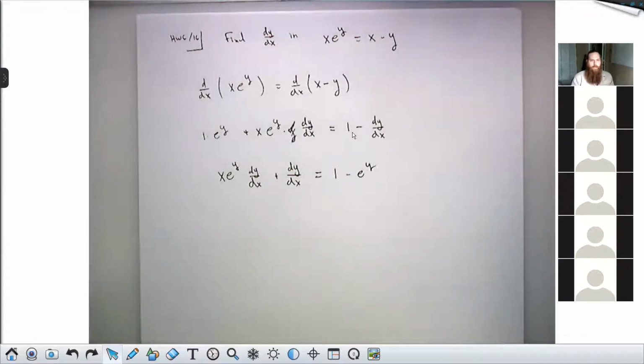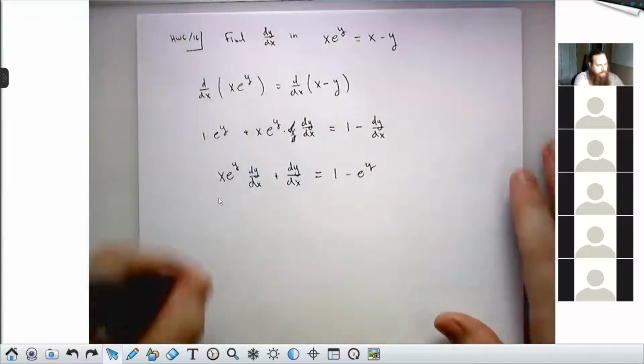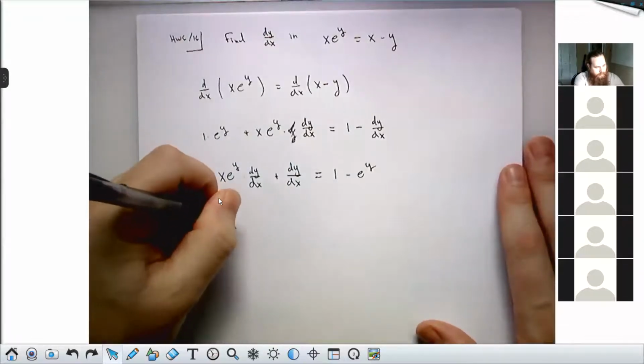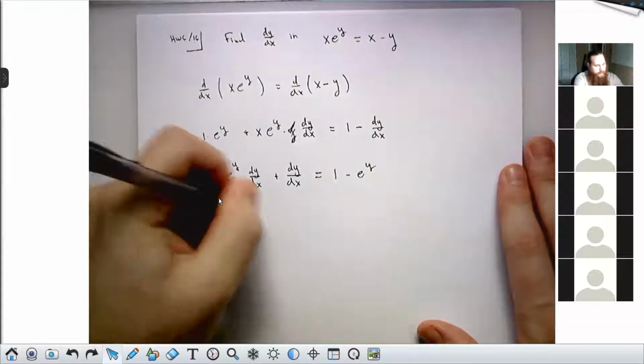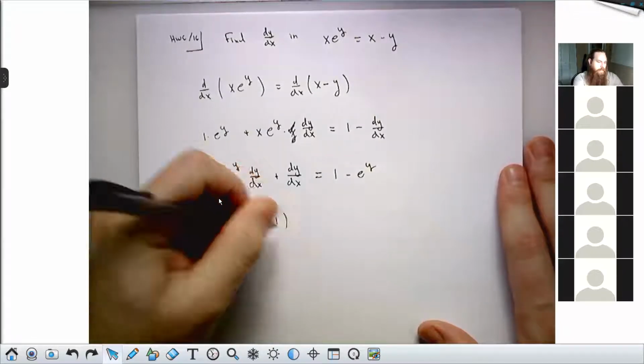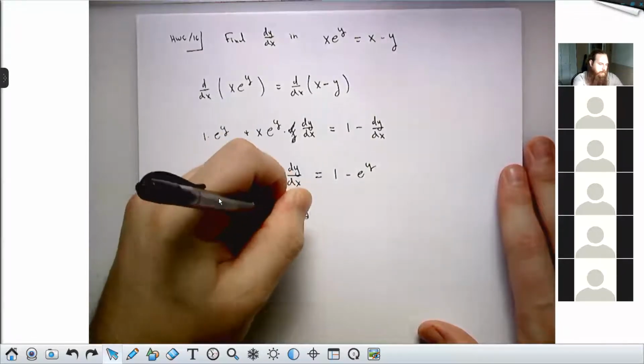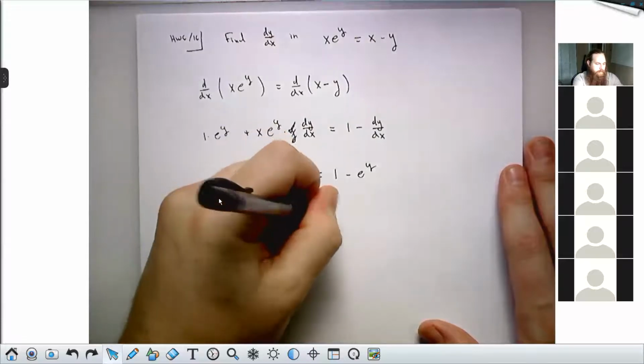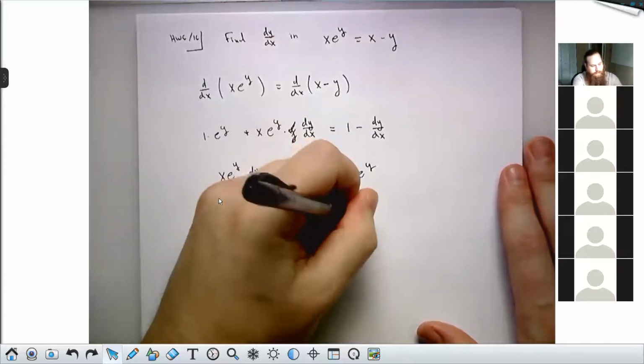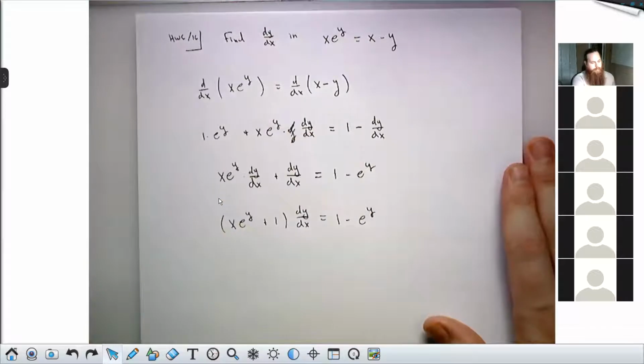Now that every term on the left-hand side has a dy dx in it, I can factor dy dx out. That'll give me x times e to the y plus 1 times dy dx equals 1 minus e to the y.